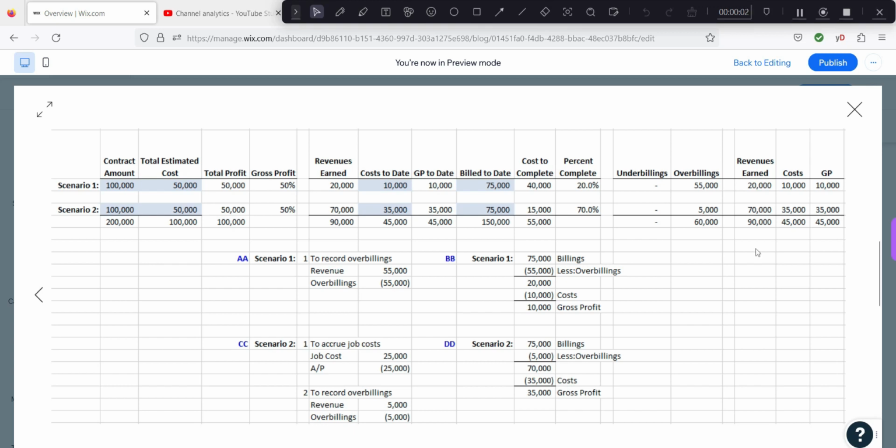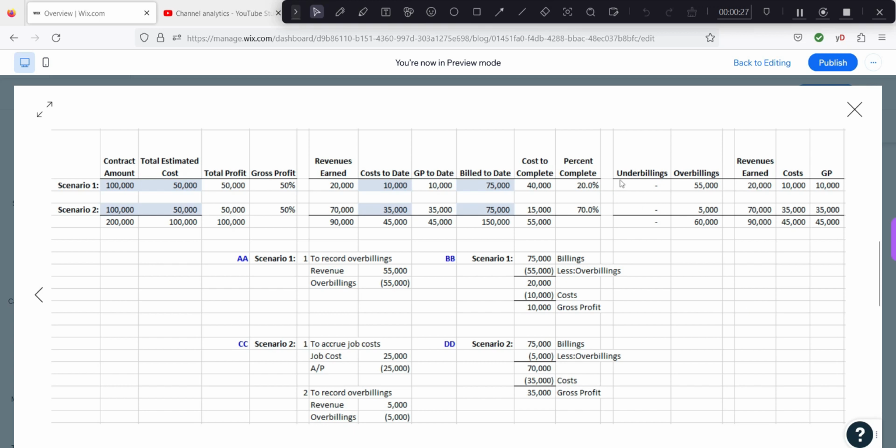So one other important thing to point out is, yes, overbillings are a liability just as accounts payable is a liability here. The amounts are significantly different. In this scenario, you have accounts payable and you have overbillings for a total increase in liabilities of $30,000. That's $25,000 different, but it's telling a completely different story.